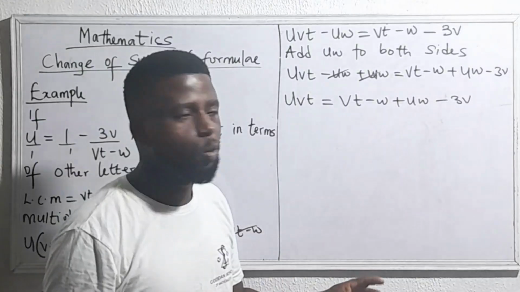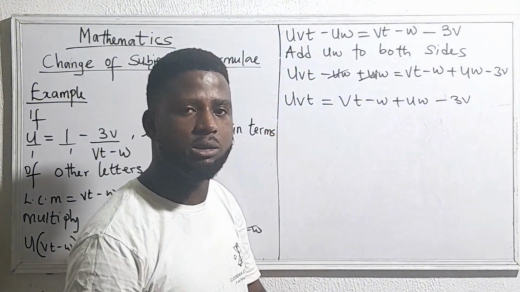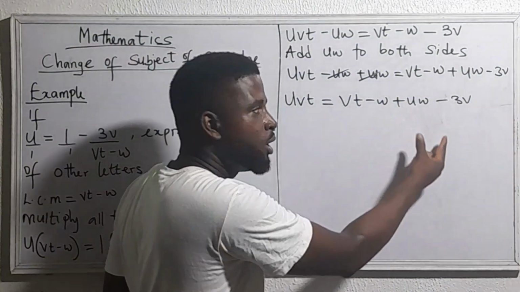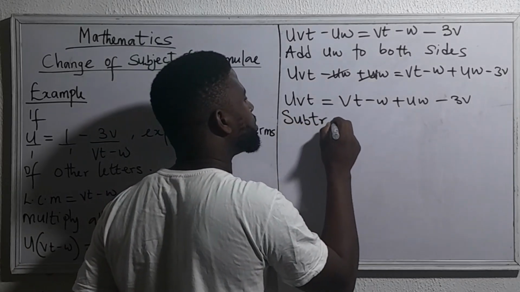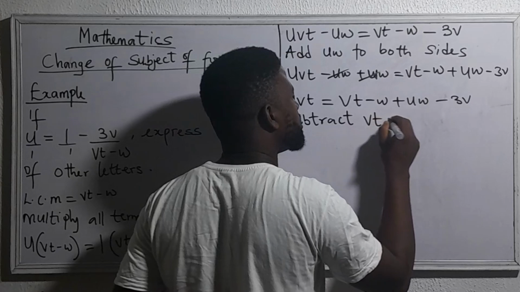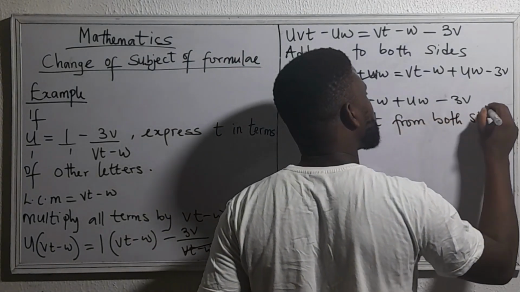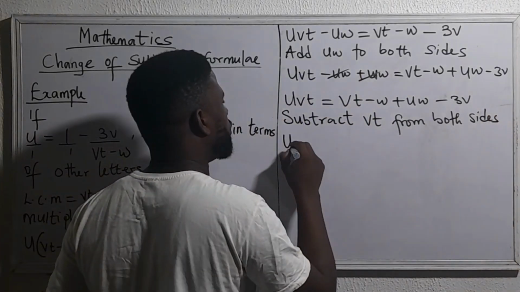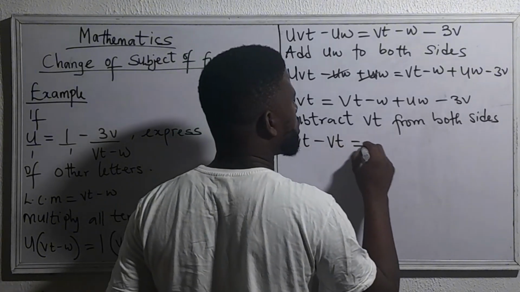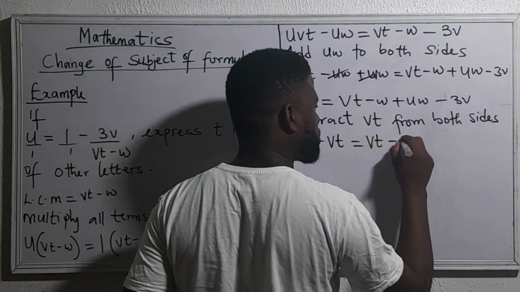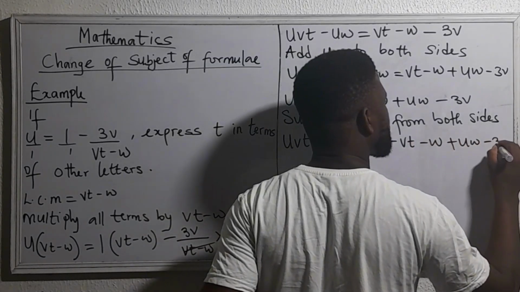And to do that, we use the inverse of vt, which is minus vt. Minus vt means we subtract vt from the right hand side as well as the left hand side. So we subtract vt from both sides. So we have uvt minus vt equal vt, we subtract vt, minus w plus uw minus 3v.